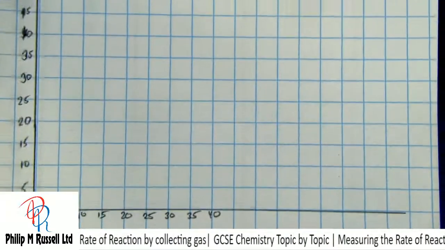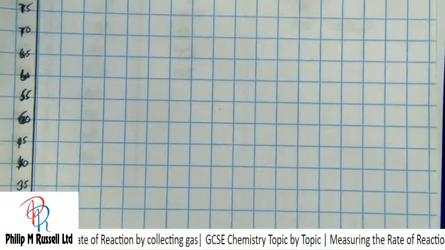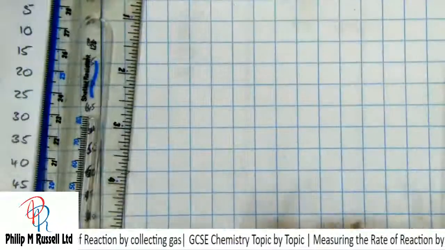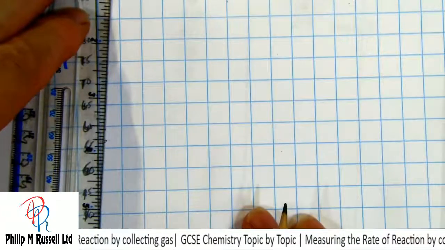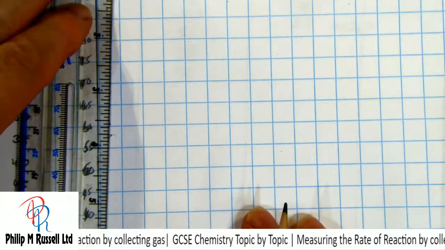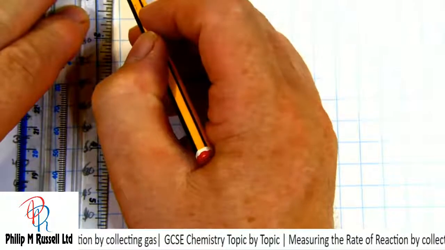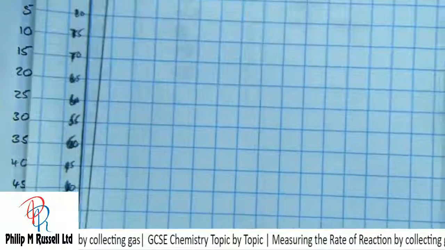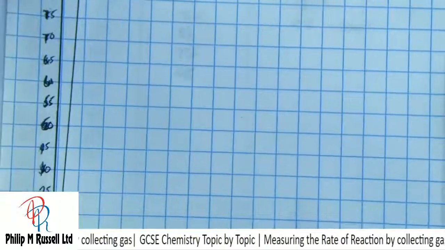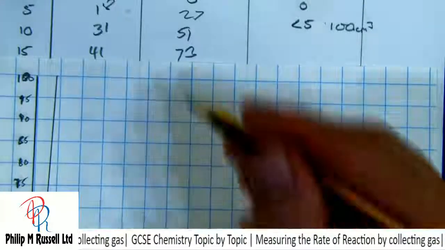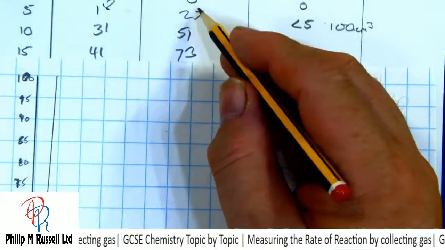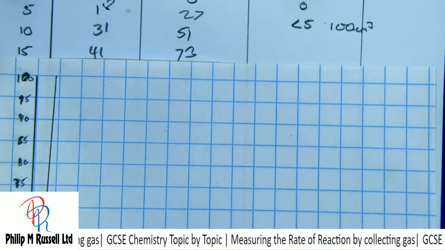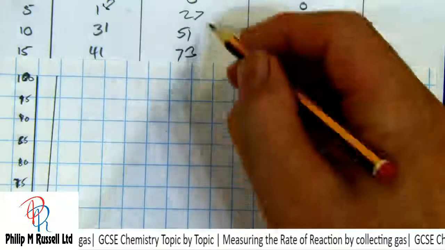Let's do our powder first, and in less than 5 seconds it had reached 100. Our second one, we start 0, 5 seconds we've got 27, which is going to be about there.